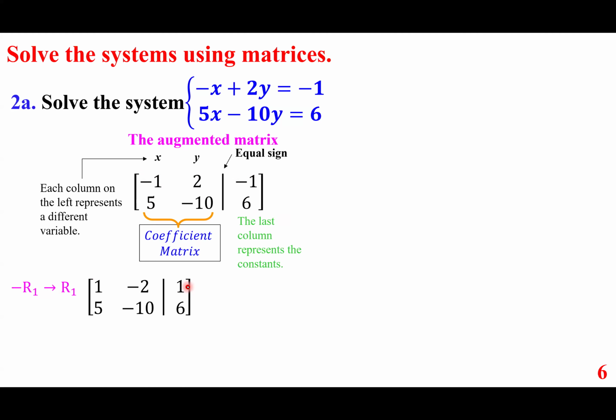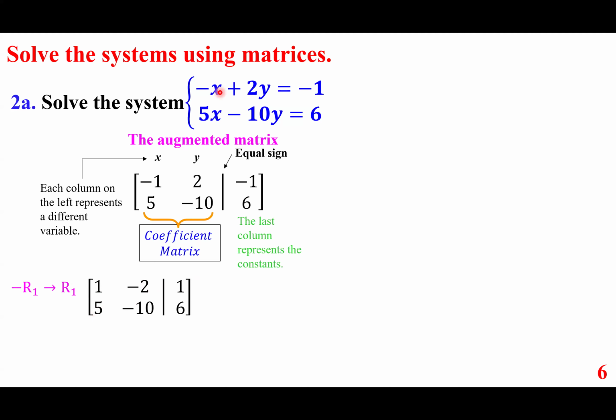Now, the next thing is, as soon as you get the 1, everything underneath, there's only one item, but let's say there were 10 of them. Each and every one of them, you want to change them to 0. How do we do that? Well, if I multiply this one by 5 and subtract it from this row, this becomes 0.